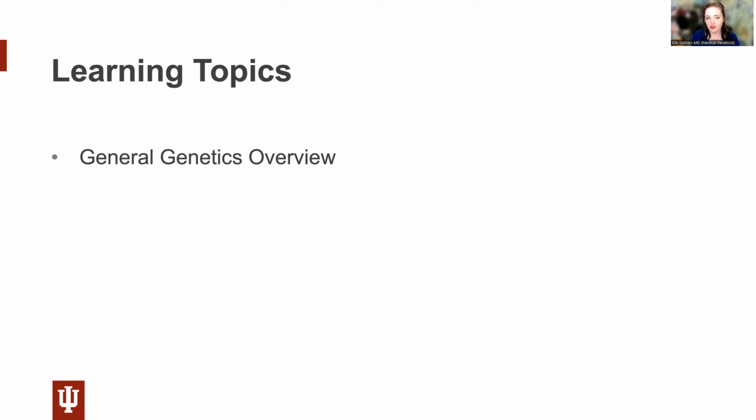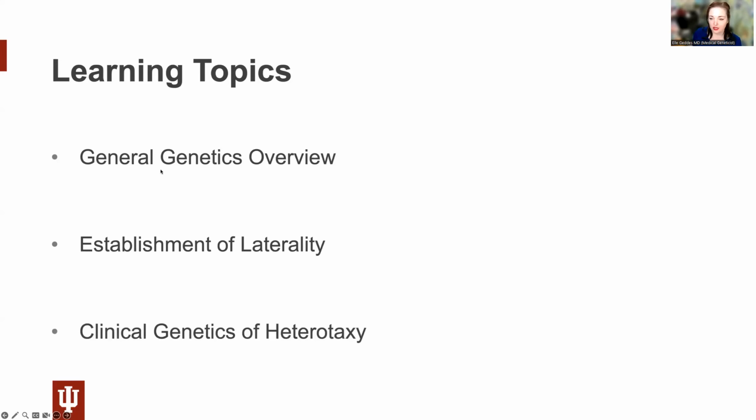And I think that aspect is also probably the most important to understand, as a parent, clinically for patients with heterotaxy. And then we'll talk a little bit about how left and right are established. And then clinically, what are the important aspects of genetics of heterotaxy and how do we think about it?